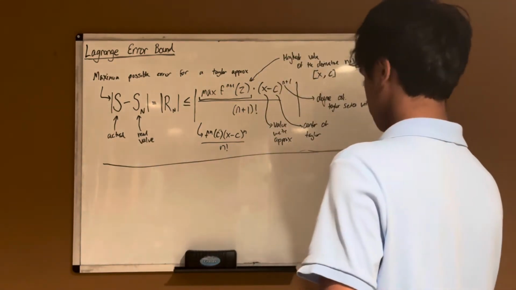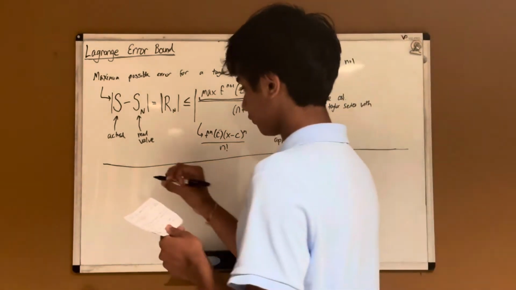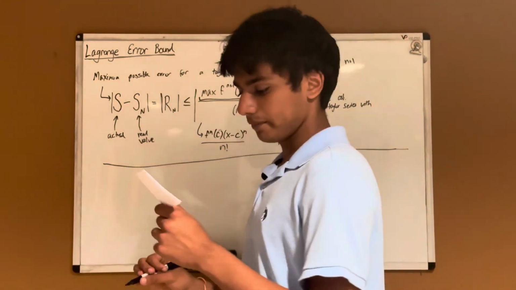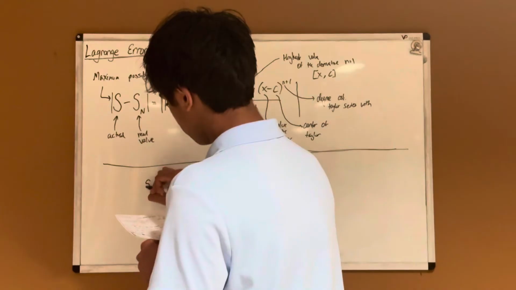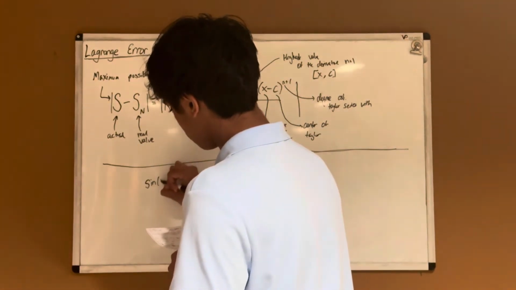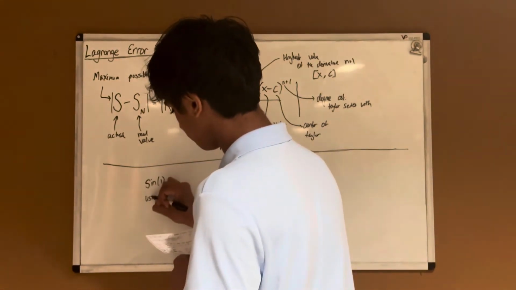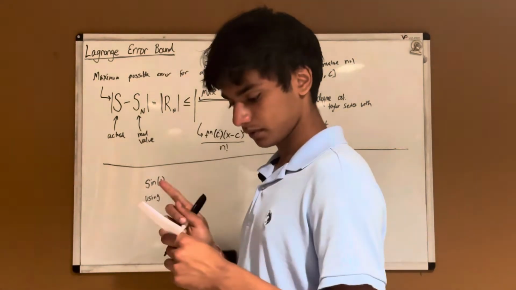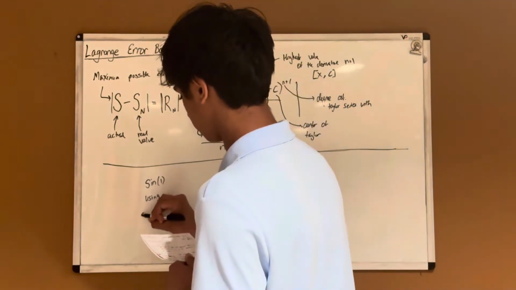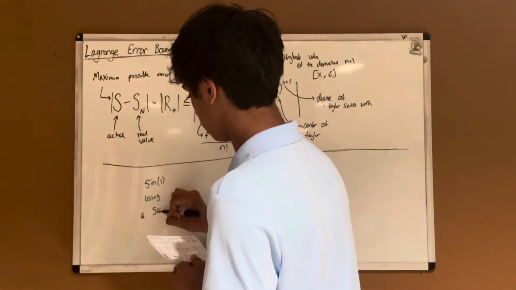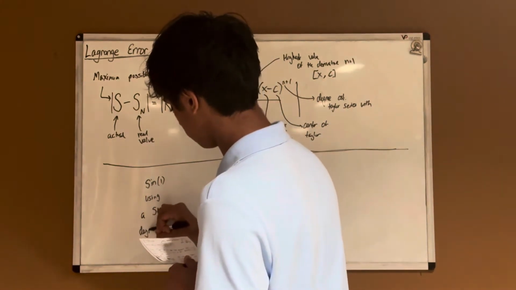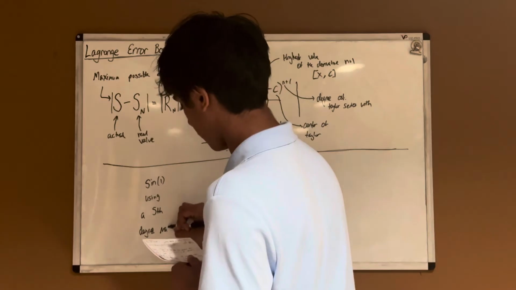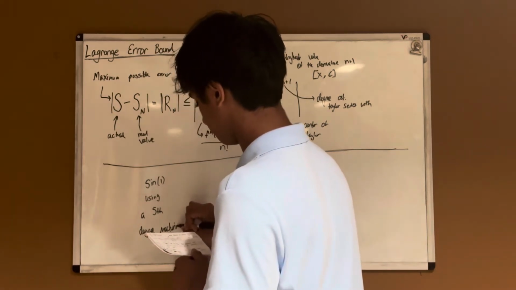For the first example, let's say we're trying to find the max error in approximating sine of 1 using a fifth degree Maclaurin series. We're asked to find the maximum error.